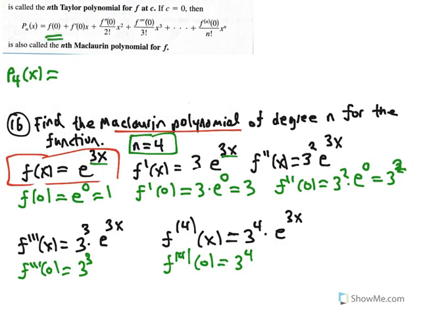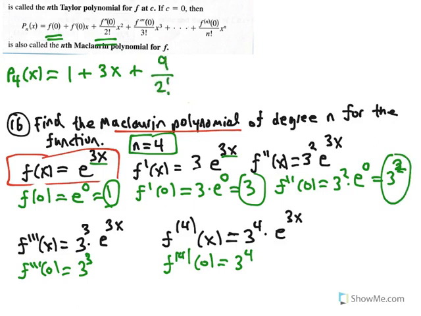So the fourth degree Maclaurin polynomial approximation for f of x would be f of 0, which is 1, plus f prime of 0, which is 3, times x, plus f double prime of 0 over 2 factorial. F double prime of 0 is 3 squared, which is 9, over 2 factorial times x squared.